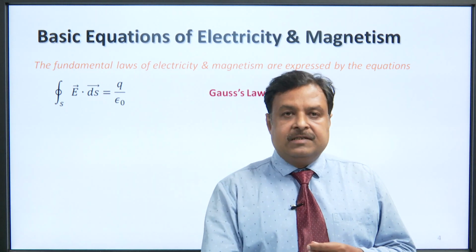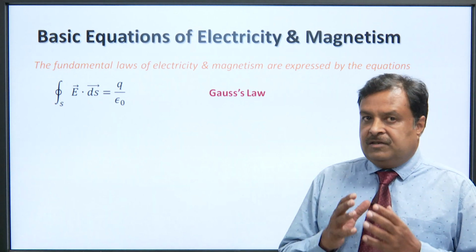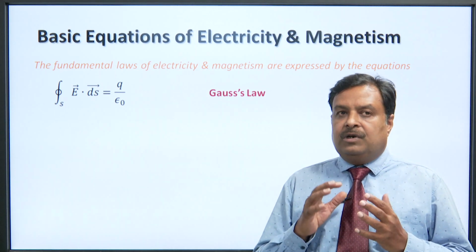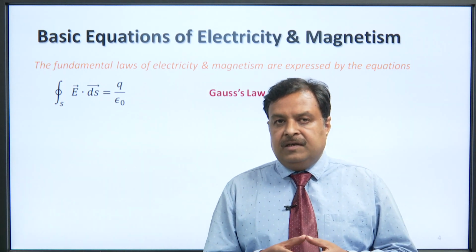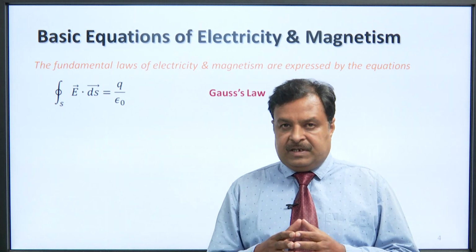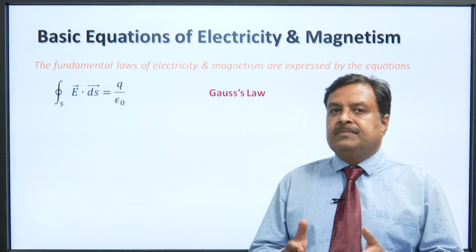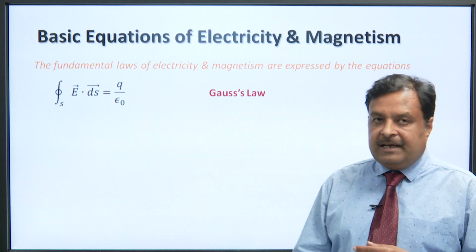This equation is Gauss's law. This Gauss law says that the total outward normal electric flux from a closed surface is proportional to charge enclosed by the closed surface. We will understand these equations in detail in the coming slides.